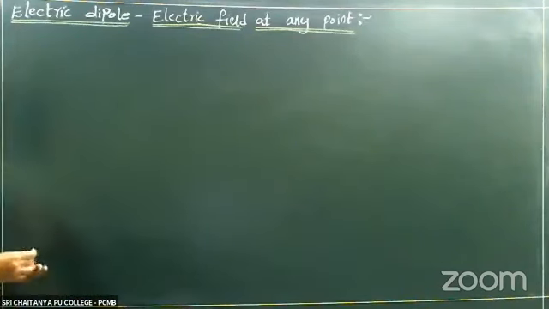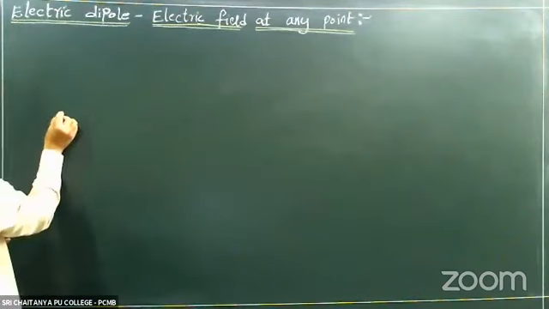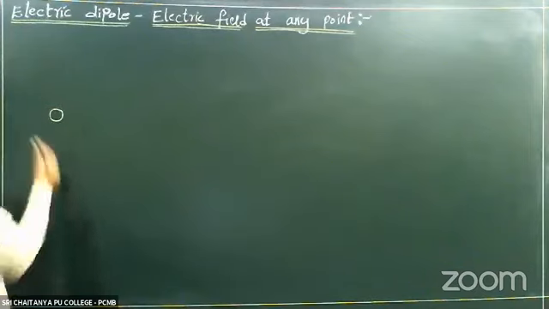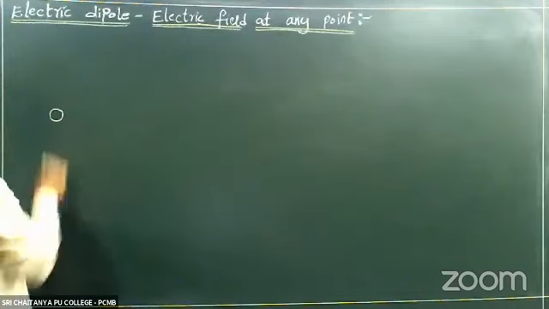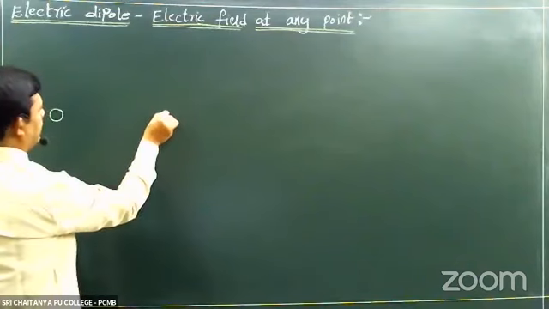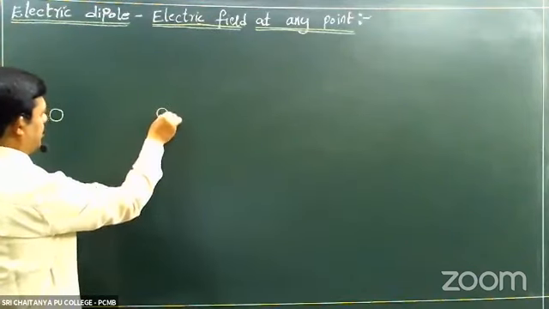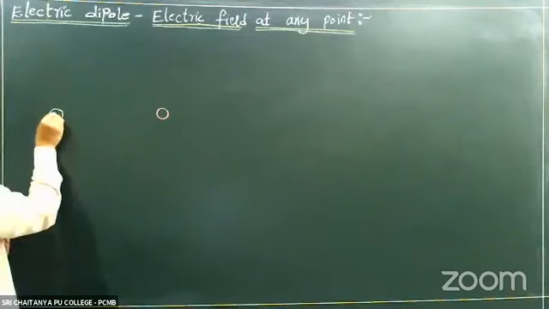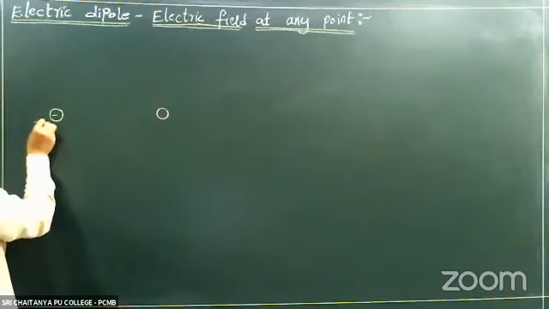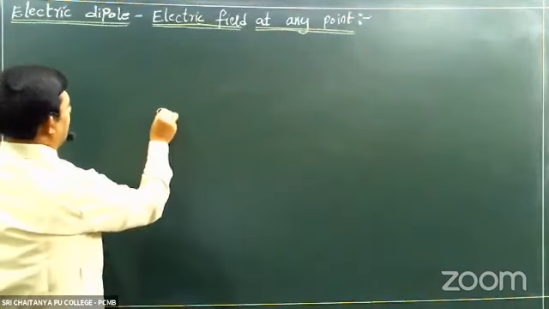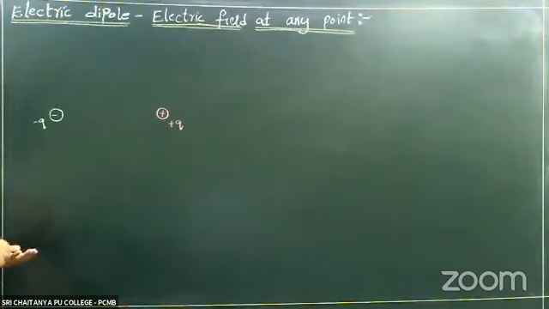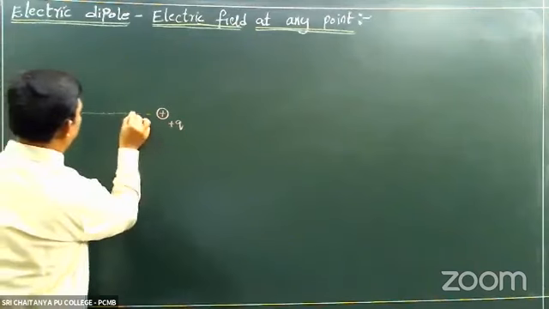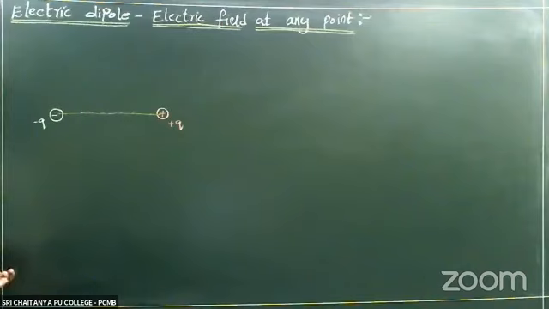Well, what is an electric dipole? You know, a negative charge and a positive charge, equal negative and positive charges, minus Q and plus Q, separated by a small distance.